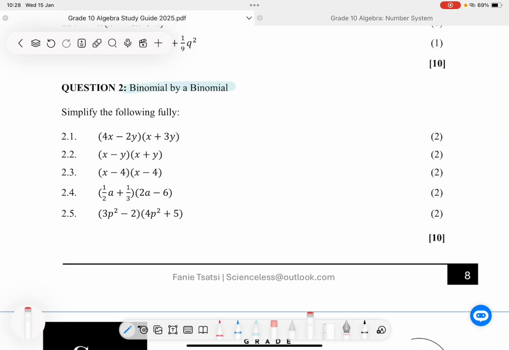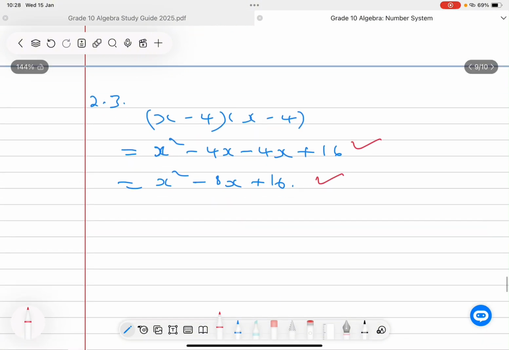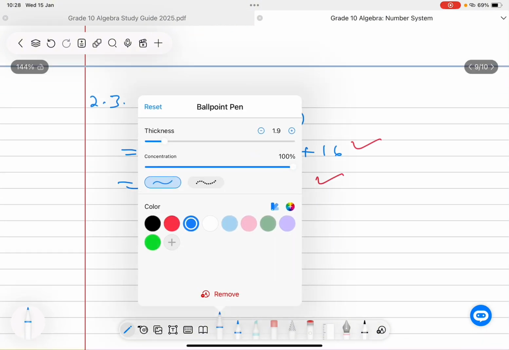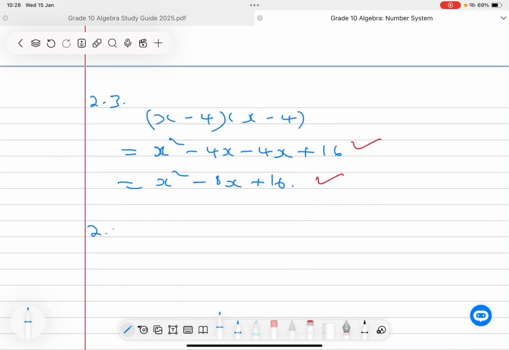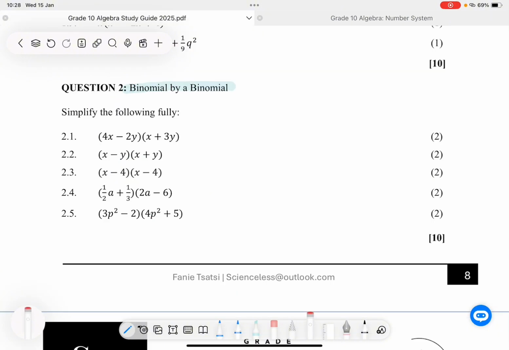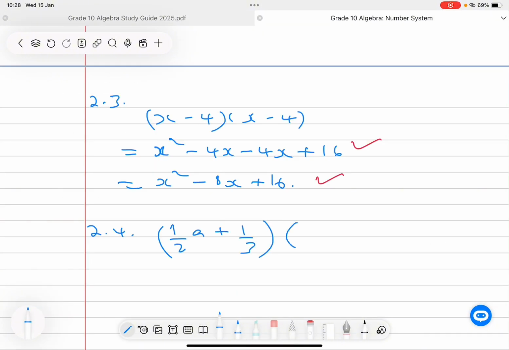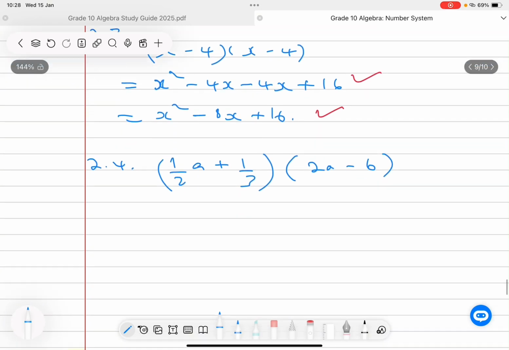Question 2.4. We are given (1 over 2a plus 1 over 3) times (2a minus 6).